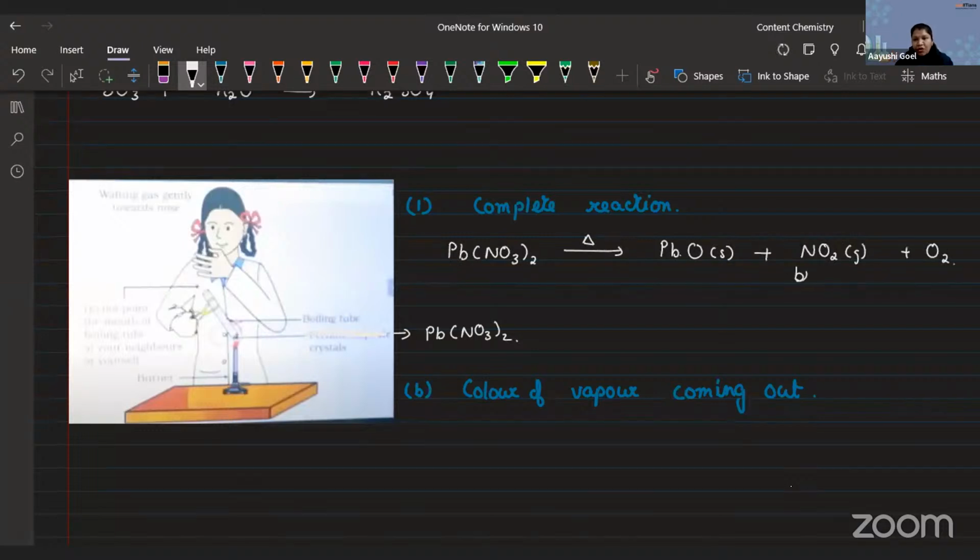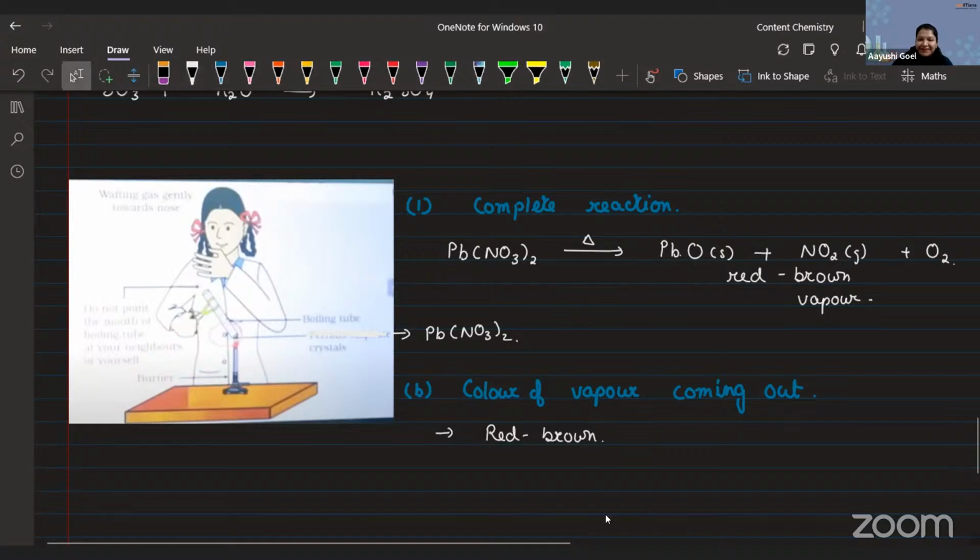And this will be your brown, actually red-brown vapors. So the color of the vapors which are coming out will be red-brown. And this is also a thermal decomposition type of reaction. Clear? Yes. Any doubt, any query, any portion which you don't understand till here?